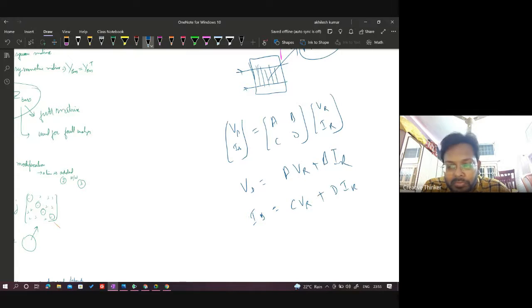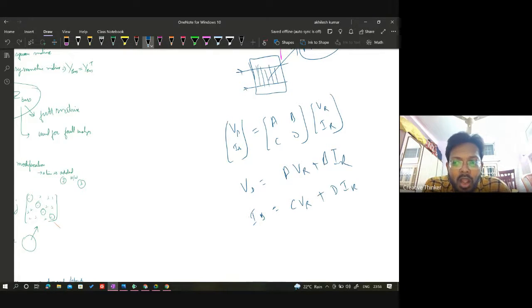Like that we solve and find. So these are the ABCD parameters.